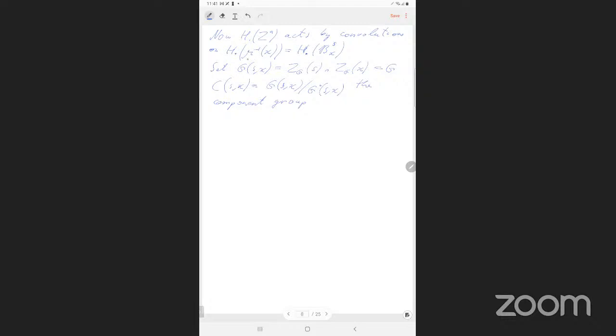And again, note that if G is GLN, then all those guys are trivial. Just because the centralizer is the set of invertible matrices that commute with something, right?